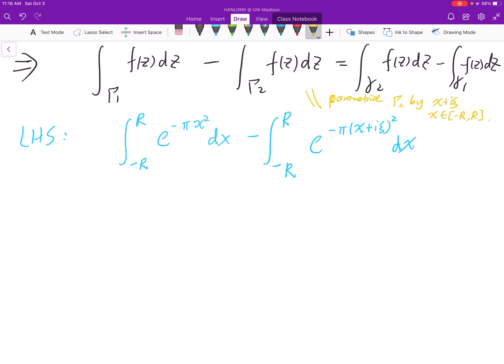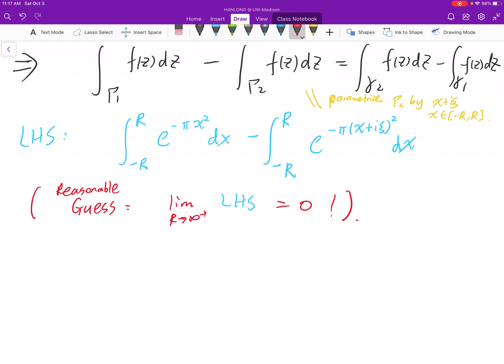So we guess, when r goes to infinity, a reasonable guess, the limit as r goes to positive infinity of the left-hand side is 0. Okay, but we cannot conclude this only from the left-hand side. We need to look at the right-hand side.